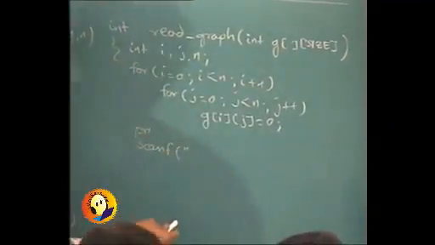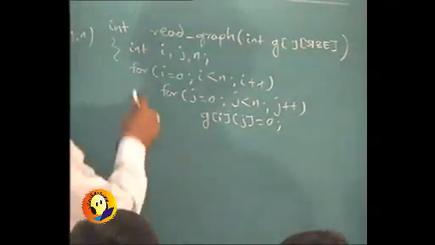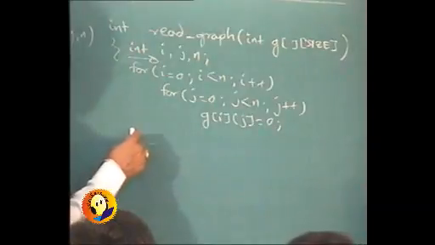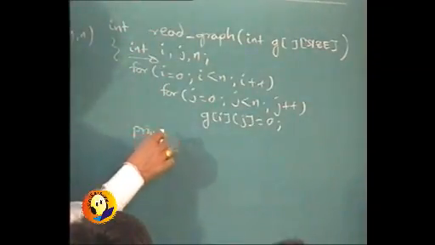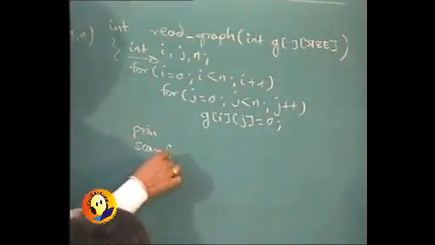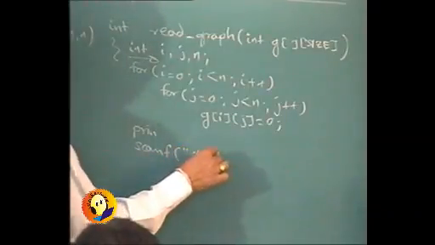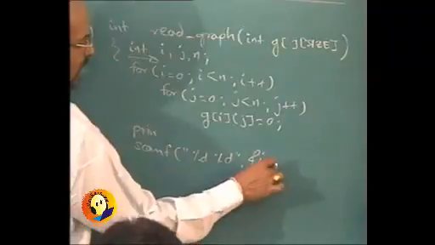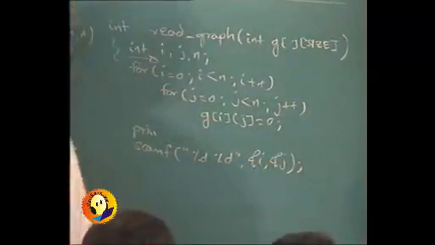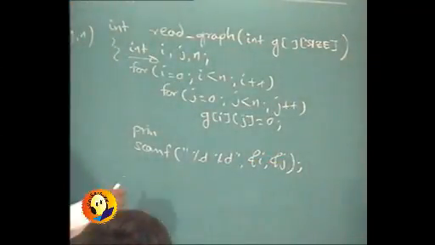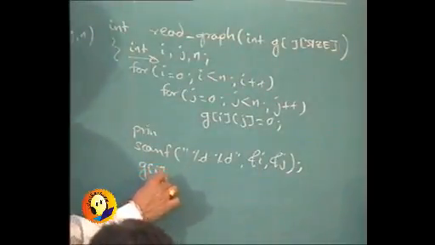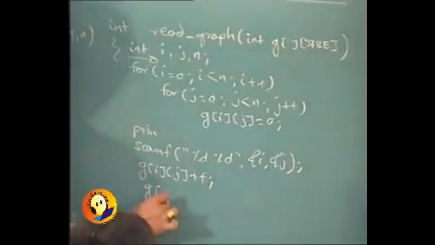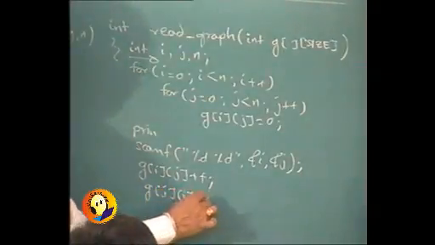Actually that you should do first, no? It should be done here. Read the number of vertices n, and then you will ask for the edge. That edge will be given to you as a pair of vertices, that is i and j, and then you will say G of ij plus plus, G of ji plus plus.